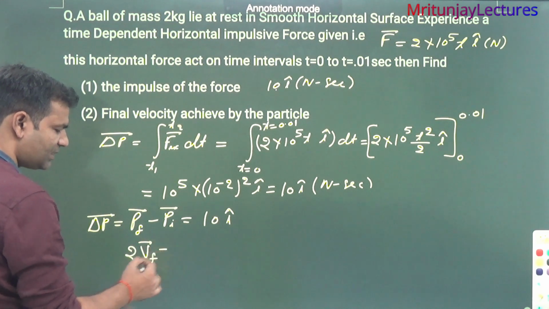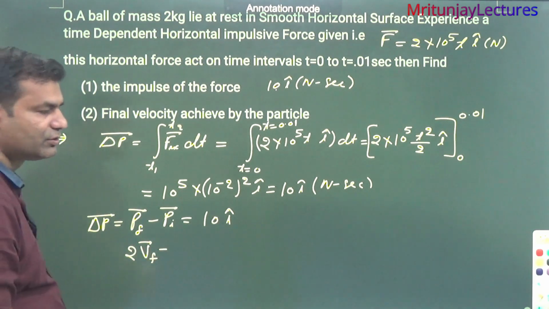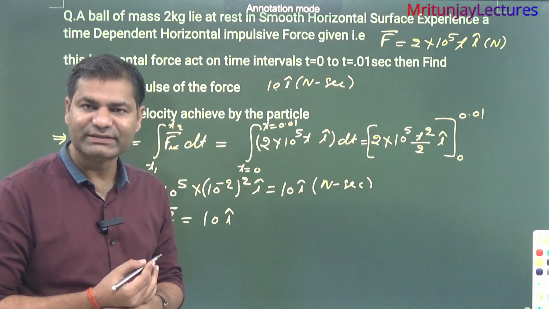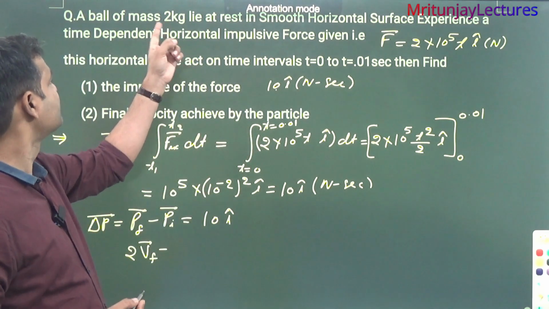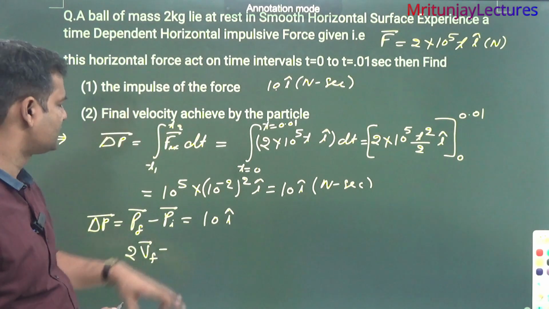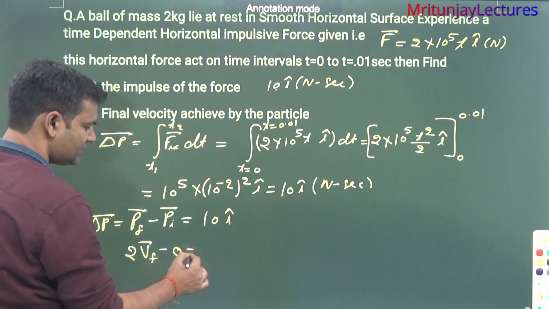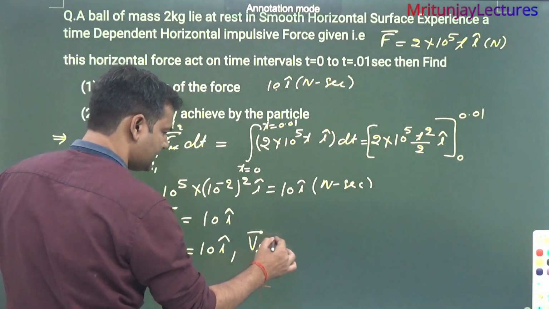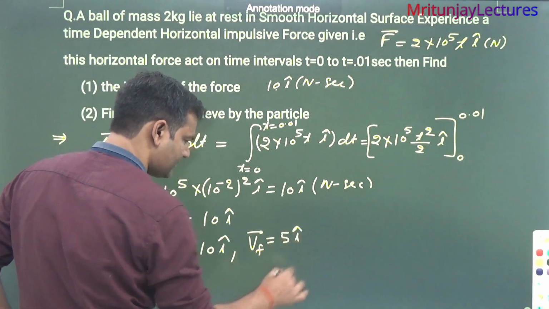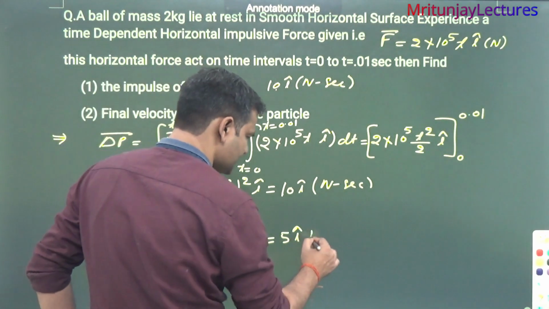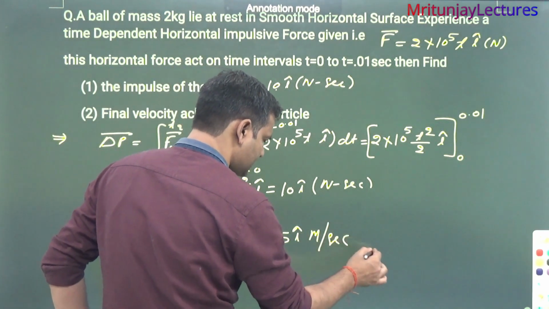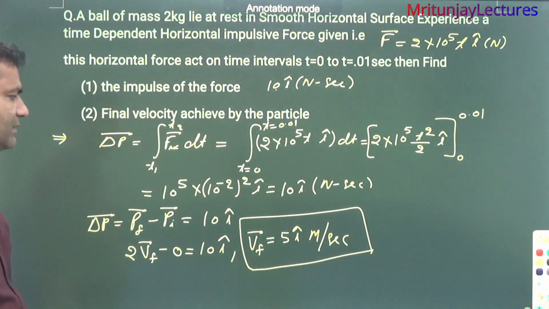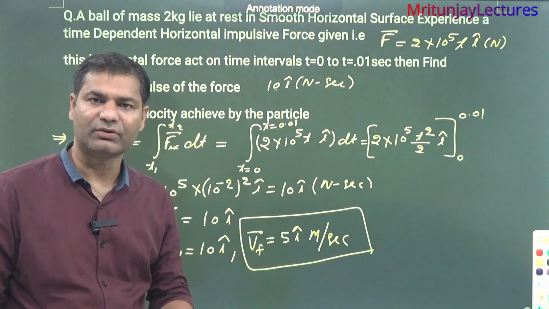What about the initial momentum? 2 into Vi, and Vi is 0 because the motion starts from rest. So 10 i cap equals 2 into final velocity, so the final velocity is 5 i cap meter per second, in the positive x direction. Clear or not?